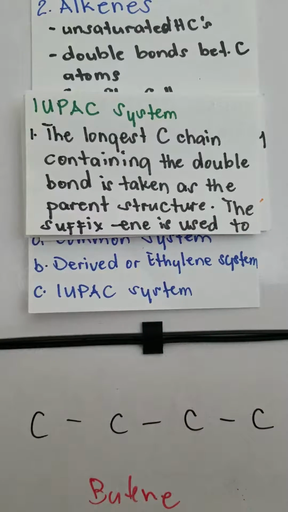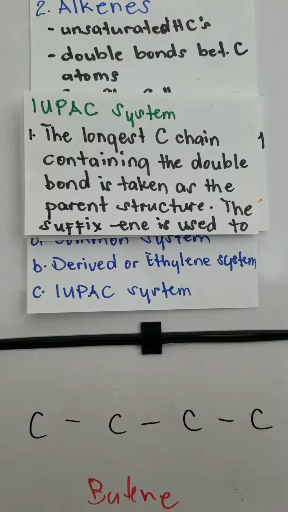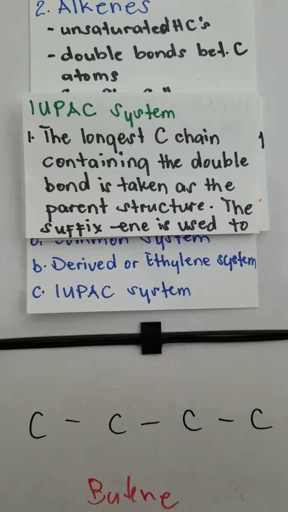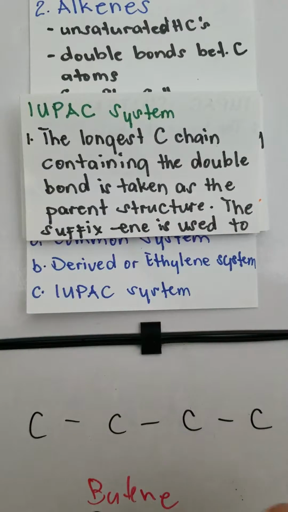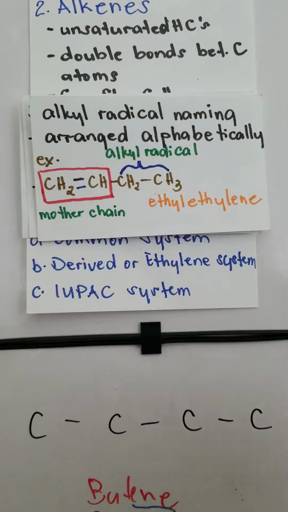That is the name of our parent chain. But we're not done yet. What I'm trying to tell you is that the suffix for 4 carbon atoms is but, and then it will always have the suffix E-N-E at the end.